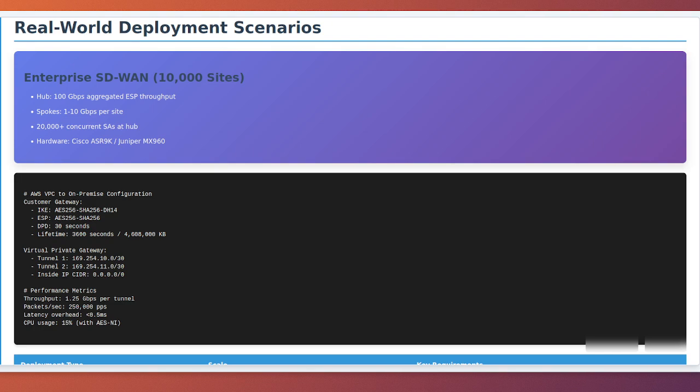Mobile network operators deploy ESP with AES-CTR in their backhaul networks, securing traffic between cell towers and core network elements. With 5G, these links carry massive amounts of sensitive subscriber data at speeds reaching 100 gigabits per second. The challenge is maintaining ultra-low latency while performing encryption.